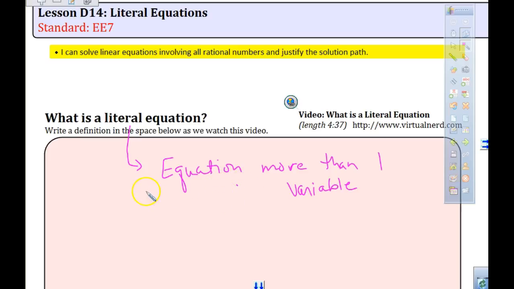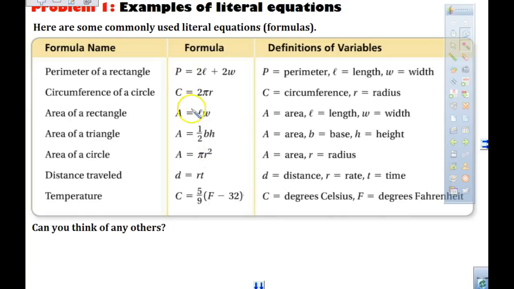More than one variable. The other thing that I like to think of it is it's usually your formulas. And if you take a look down at all of these formulas that you are given in that next part of your notes. So these are just some of them. Last year you might have also done area of a trapezoid, right?